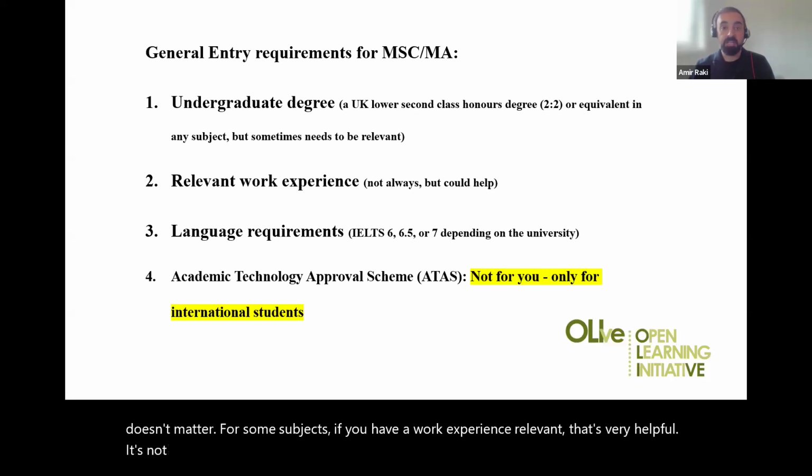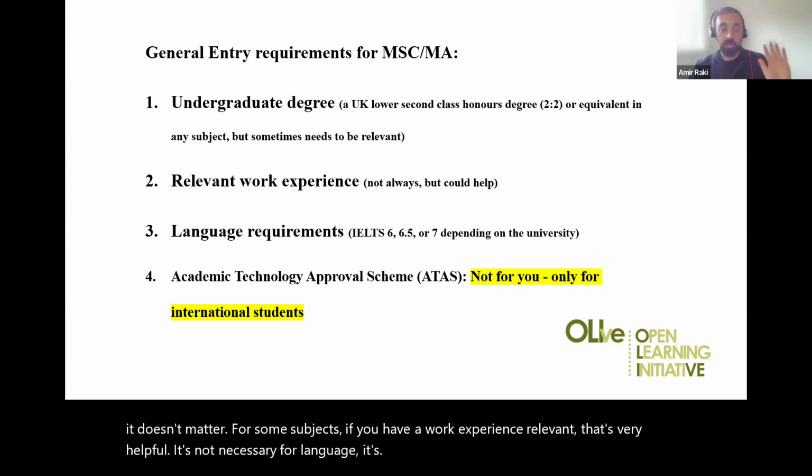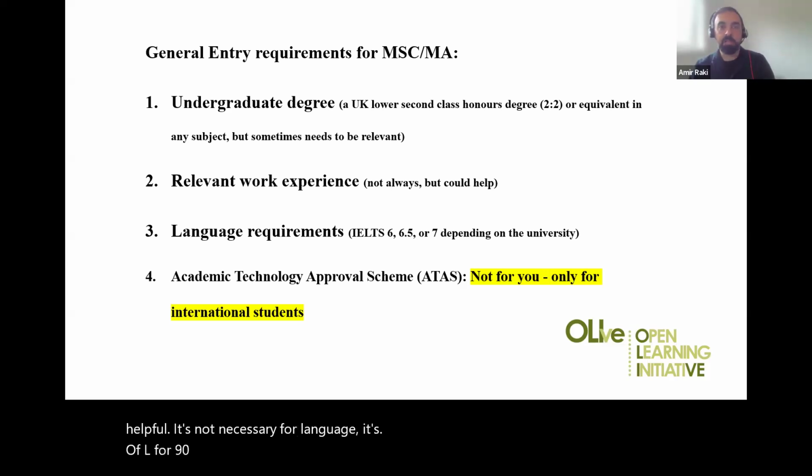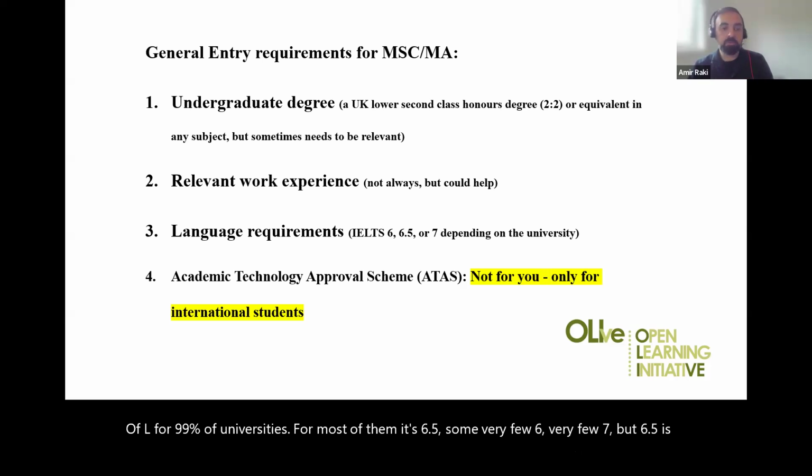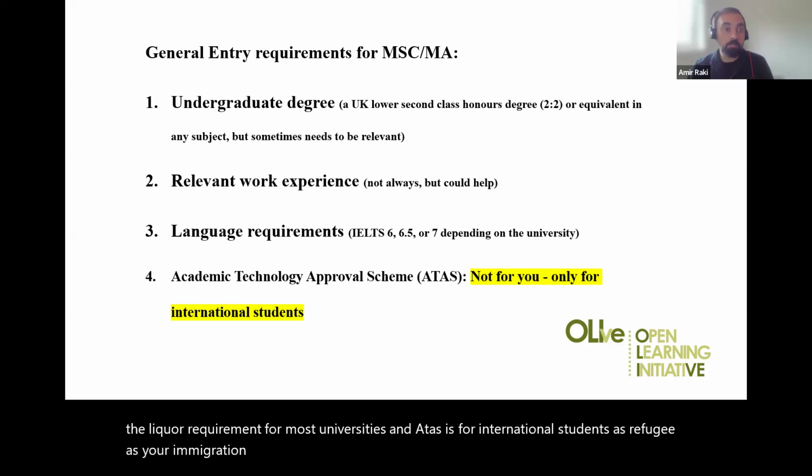For language, it's IELTS or TOEFL for 99% of universities. For most of them, it's 6.5. Some, very few, 6, very few, 7, but 6.5 is the requirement for most universities. And ATAS is for international students and refugees. As your immigration status is refugee, most universities don't want you to have ATAS.